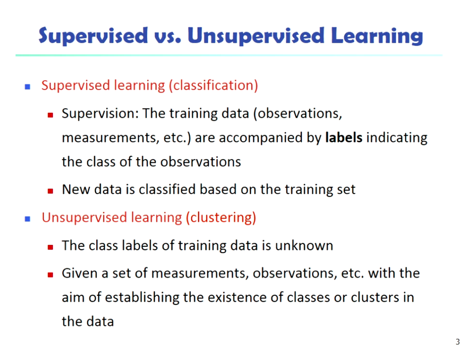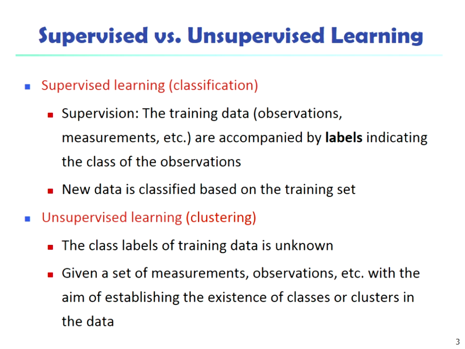So what is the difference between supervised and unsupervised learning? In supervised learning we know the class of each tuple, and we want to create a model, and this model will predict the class of unknown data based on historical data.